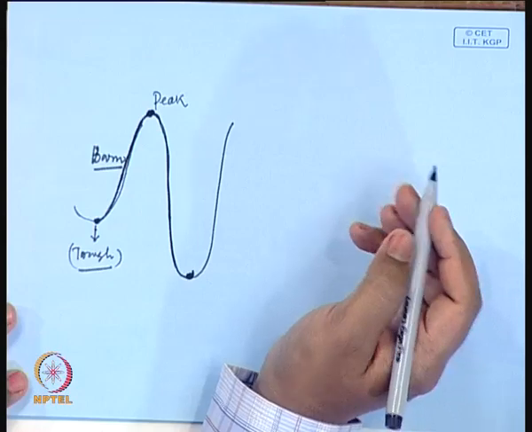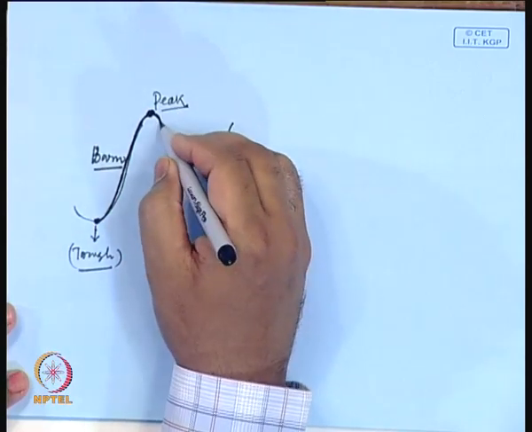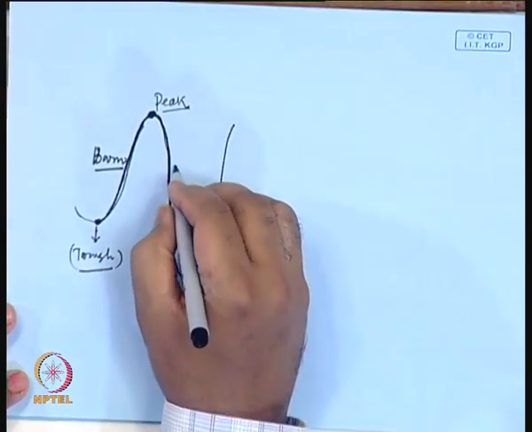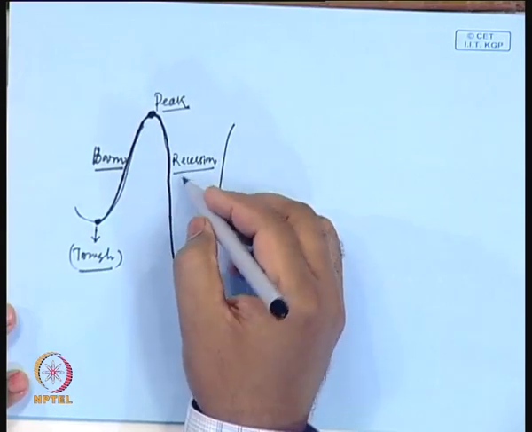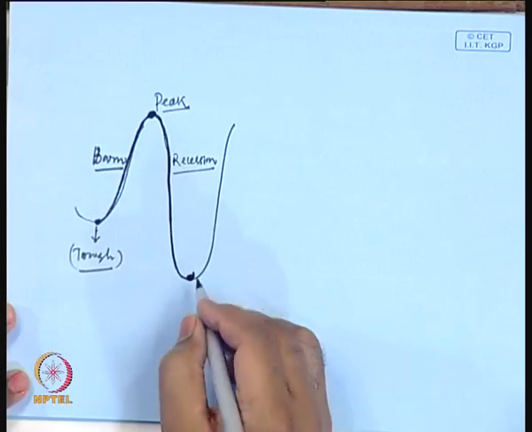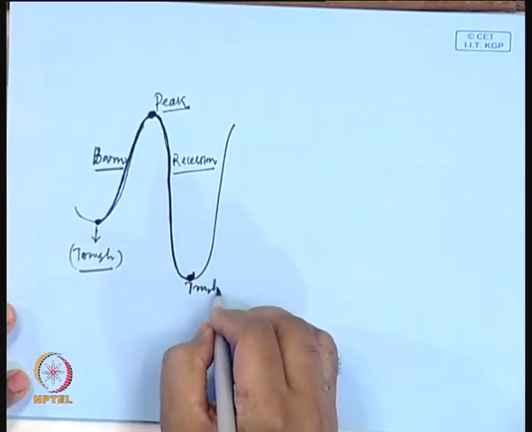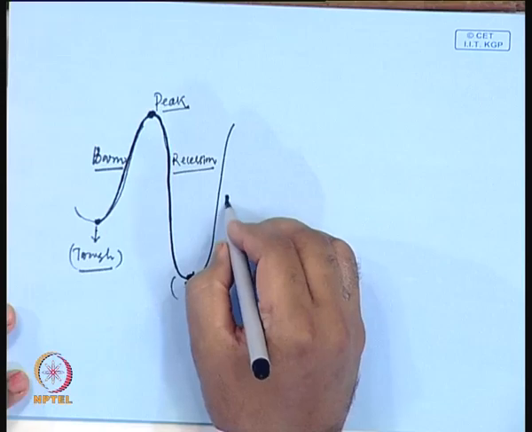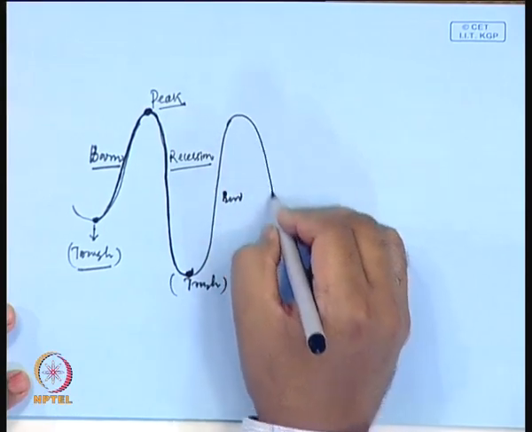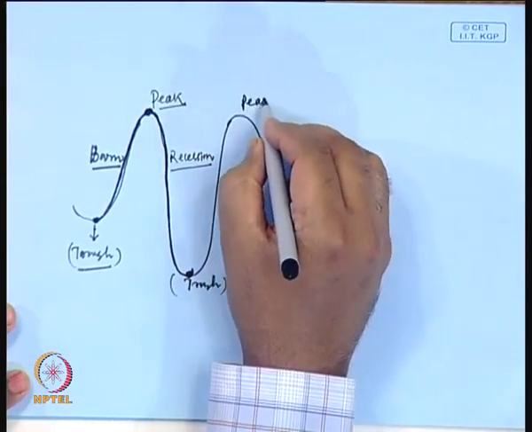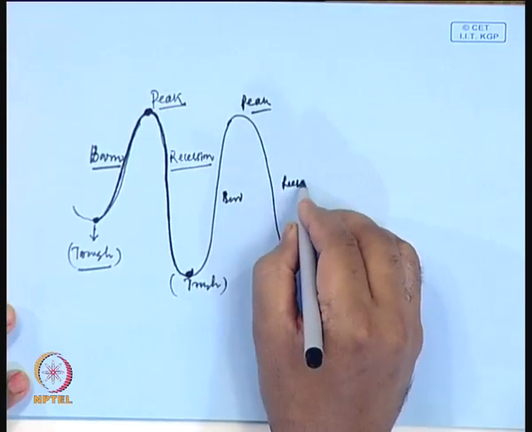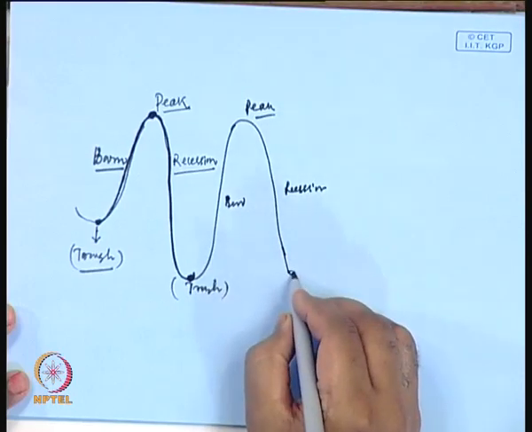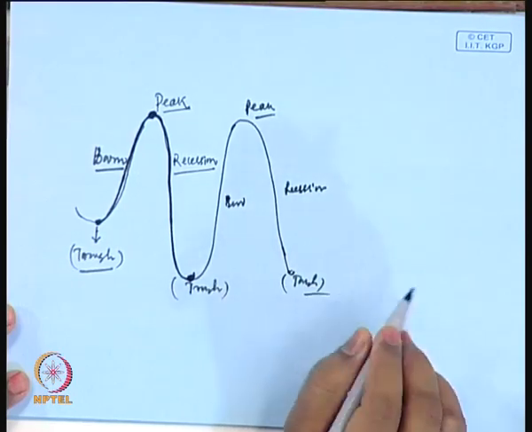So, this is your peak. Then once it reaches the peak, it will start declining. This phase we call recession. Once it is in recession, it goes down, and again it will reach the trough, then again there will be a boom, then finally it will reach the peak, then again it will go down into a recessionary phase, then finally it will reach the trough.